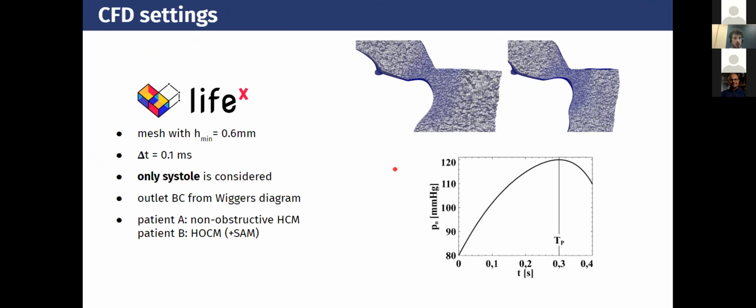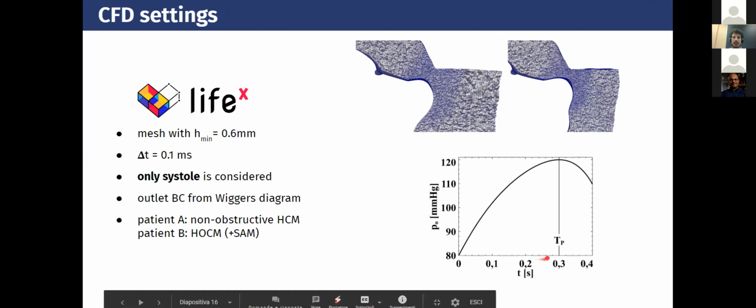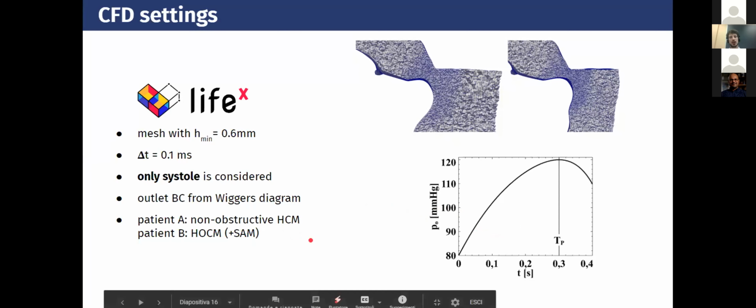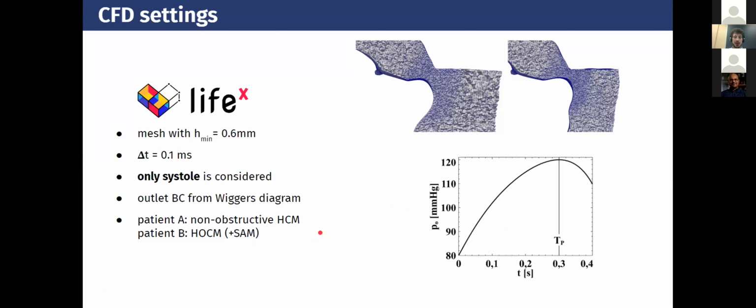The boundary conditions of our configuration are, since we're considering only systole, a closed mitral valve and an outlet pressure at the outlet of the aorta that comes from Wiggers diagram. We're going to consider two patients, one with a non-obstructive hypertrophy and another one with an obstruction actually at the left ventricle outflow tract.